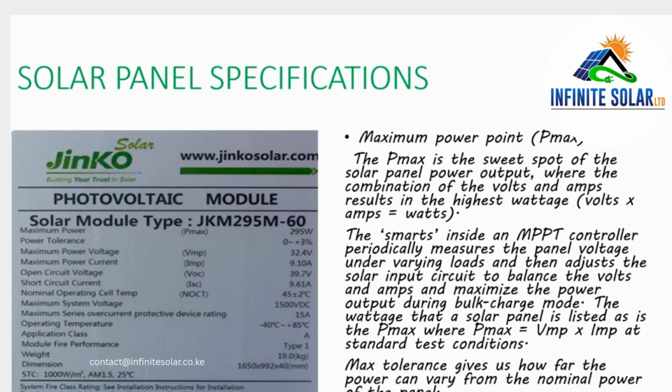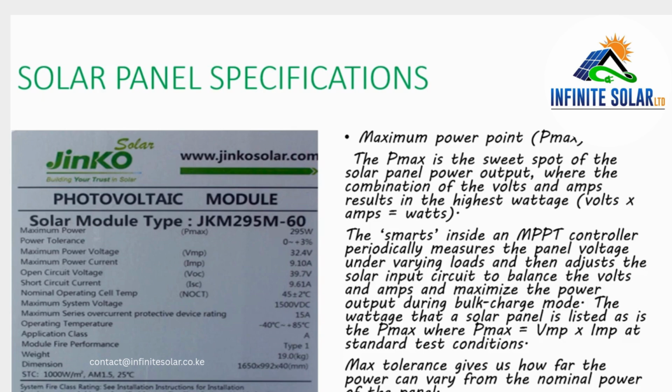Maximum power point, indicated by Pmax, is the sweet spot of the solar panel power output, where the combination of the volts and amps results in the highest wattage. A smart charge controller, like an MPPT charge controller, normally measures the solar panel voltage under varying loads and then adjusts the solar panel input circuit to balance the volts and amps and maximize the power output during the bulk charge mode.